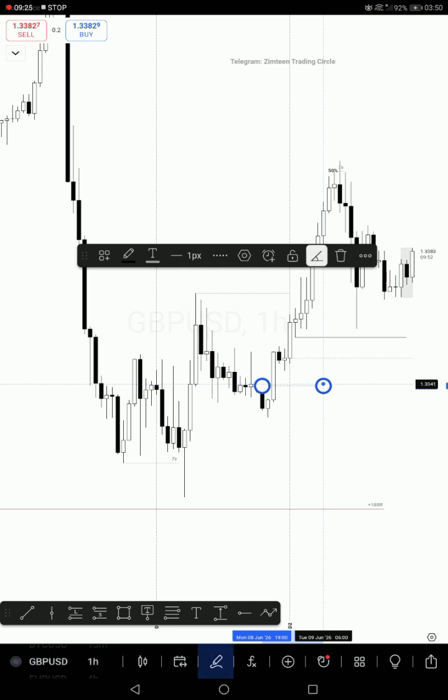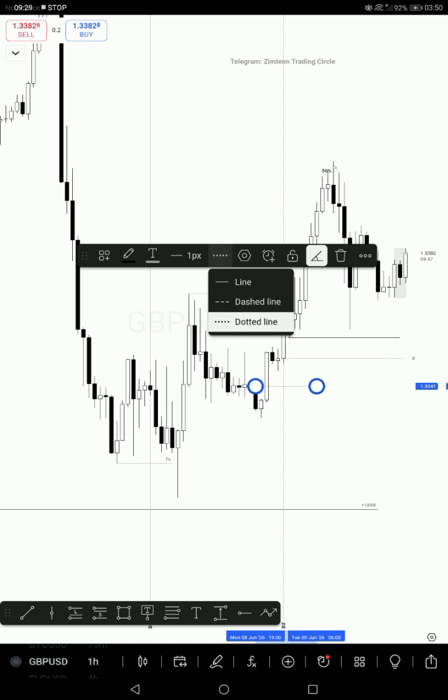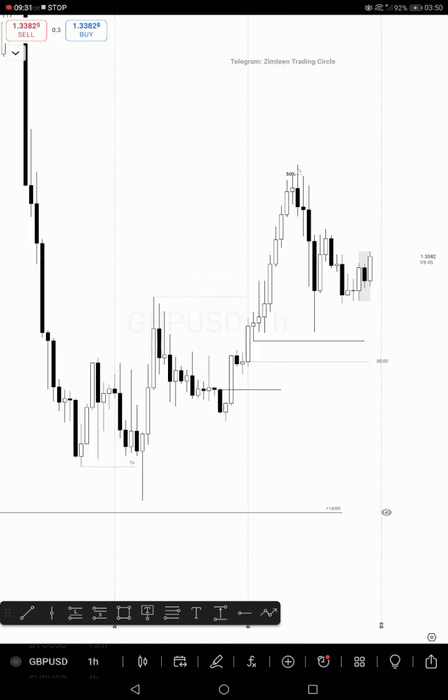And to be sincere, I knew that if I buy from this zone, I'll take maximum profit right here at this top, because I wasn't sure enough that this 50% of the range will be met.